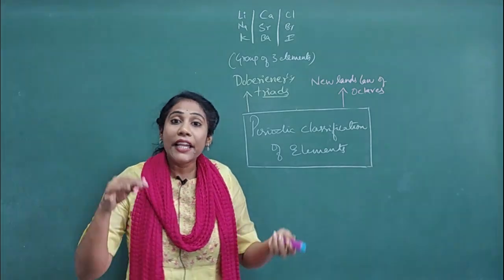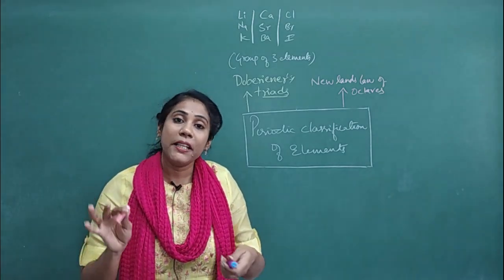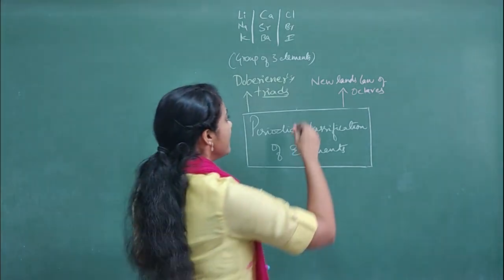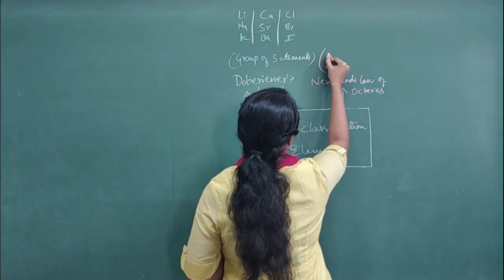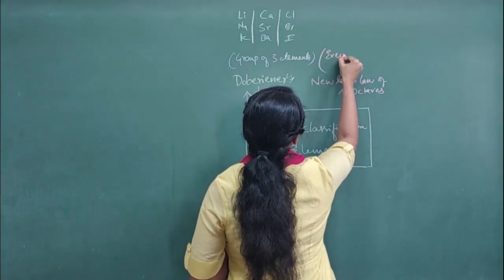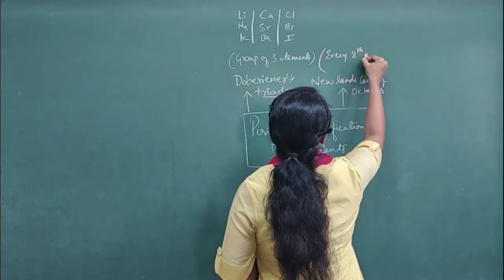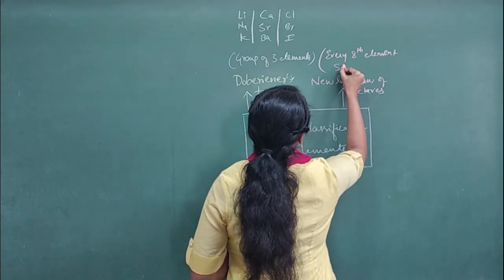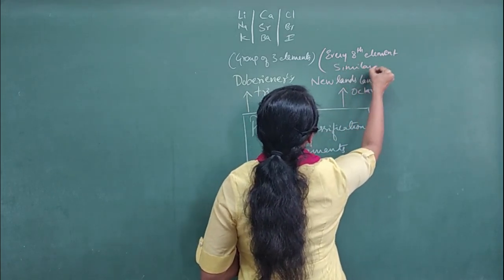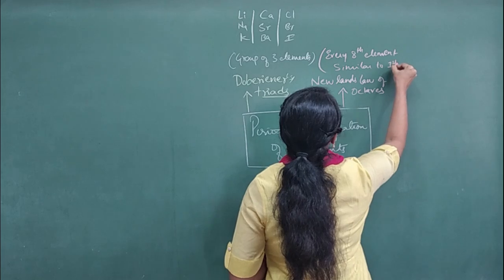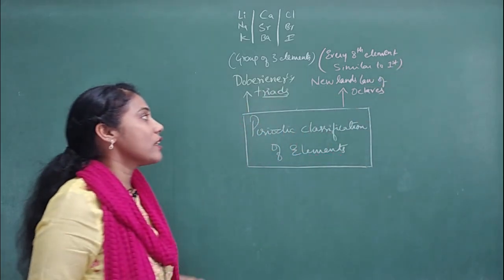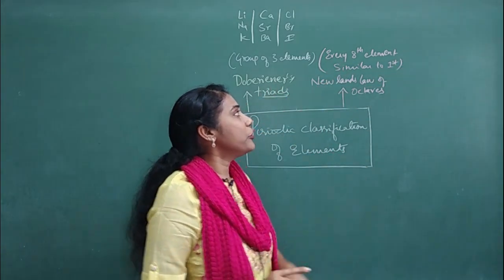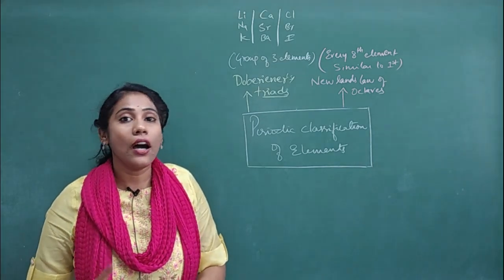And here every eighth element was similar to the first element. So in his arrangement you will find every eighth element similar to the first element, just like the musical notes. So this is the main point you have to remember on Newland's law of octaves.